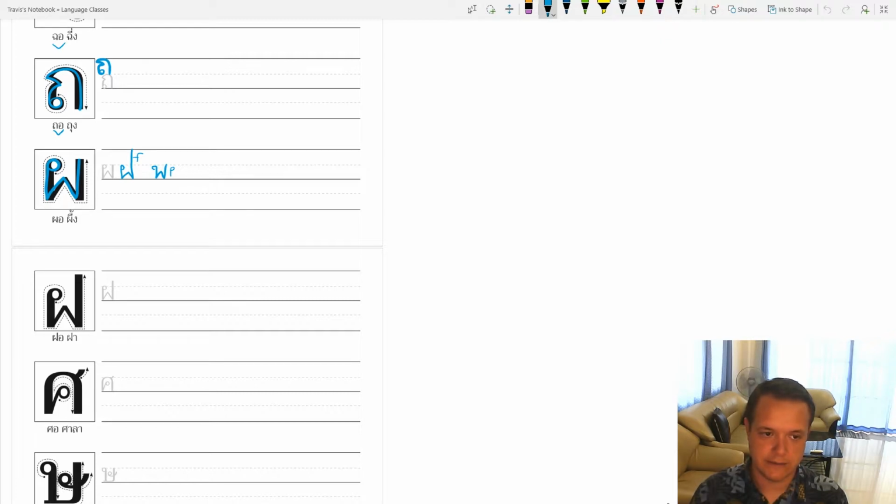And then, sadly, there is another letter that's almost identical, but again, the circle is on the outside in this case, and it represents an F too. So if you tend to get these confused, you can remember that the short ones are P's, the tall ones are F's, and the ones with the circle on the outside are low class consonants, ones with the circle on the inside are high class consonants.